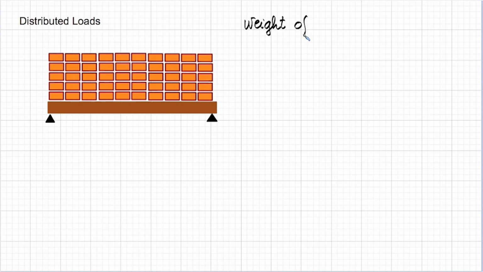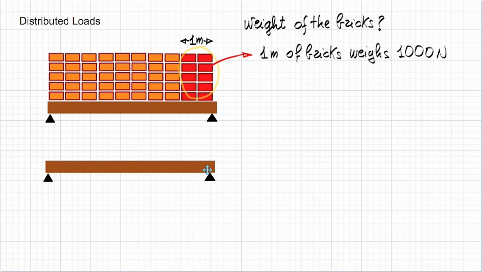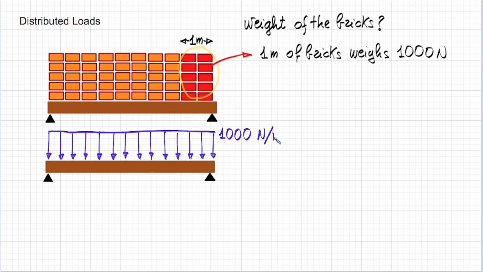the bricks. So say, for instance, that the bricks on top of each meter of the plank weigh 1000 newtons. Then what the bricks are doing is applying a distributed load on the plank equal to 1000 newtons per meter.